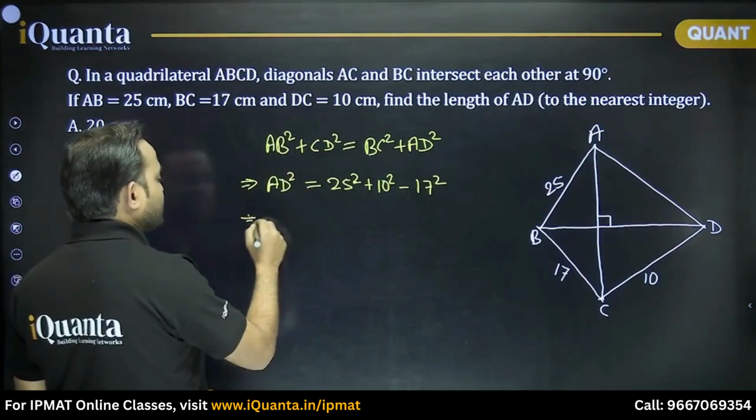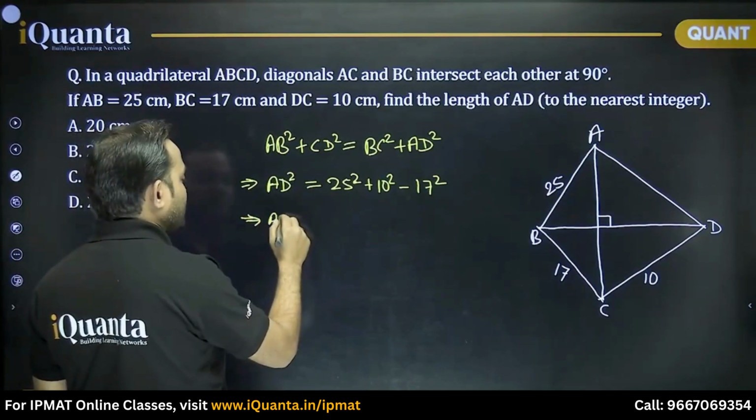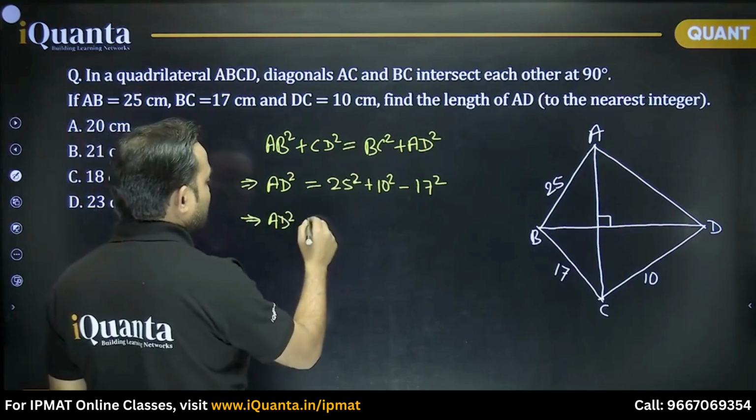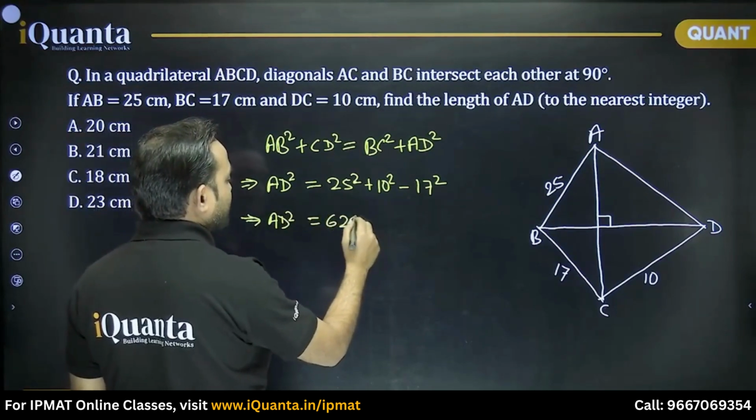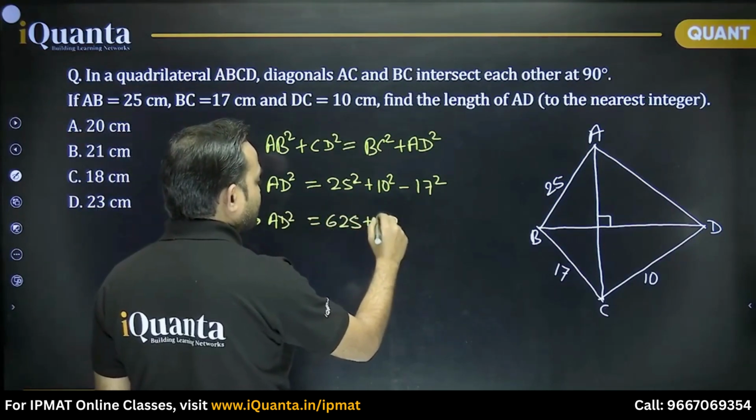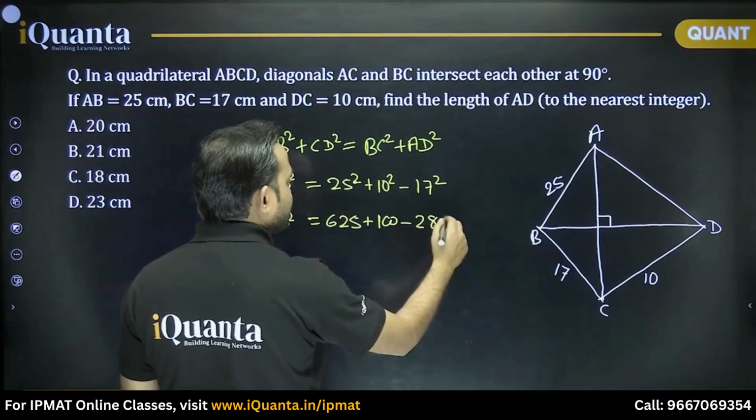So from there we can say AD square is equal to 625 plus 100 minus 289.